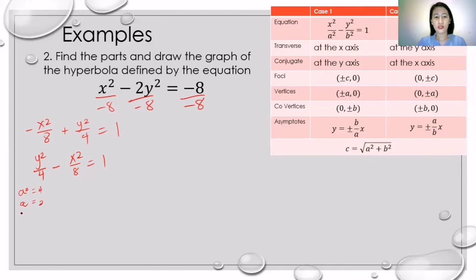We get the square root. Then B squared is equal to 8. So B is equal to 2 square root of 2. Just to show you that, you'll have square root of 8, factor it out, you're going to have square root of 4 times 2. So square root of 2 square root of 2.